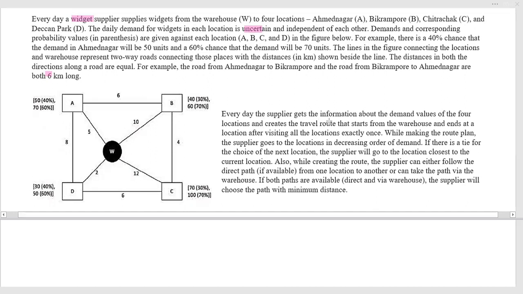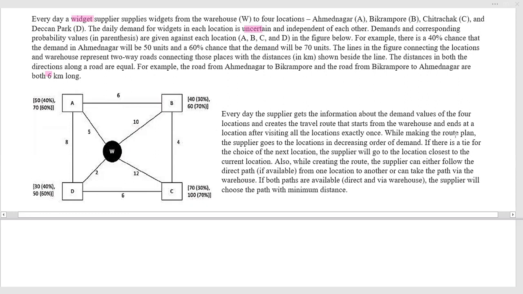Every day, the supplier gets the information about the demand values of all the 4 locations and creates the travel route that starts from the warehouse and ends in a location after visiting all of the locations exactly once. It will not go more than once.